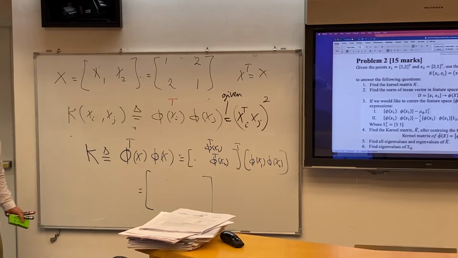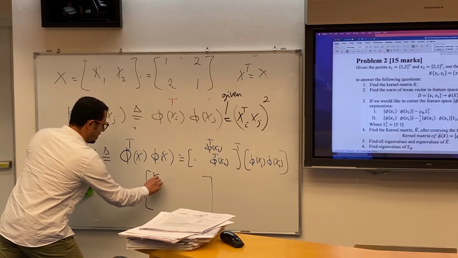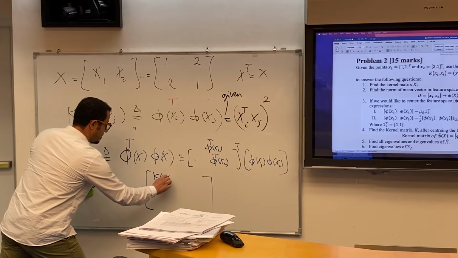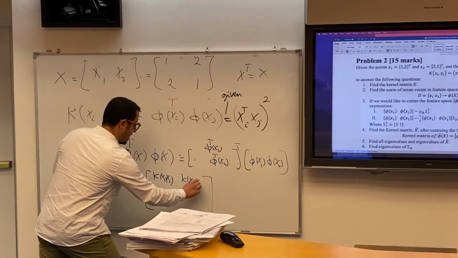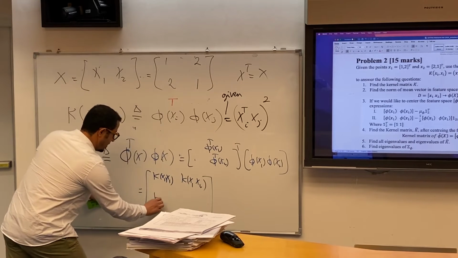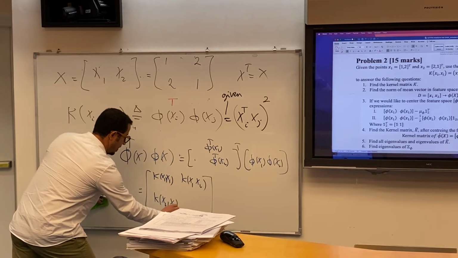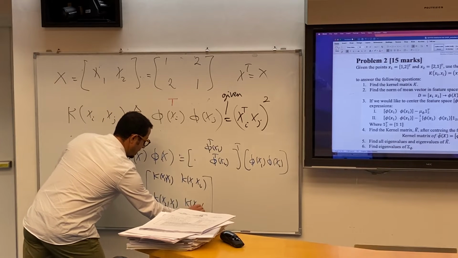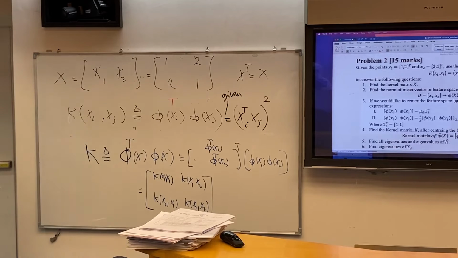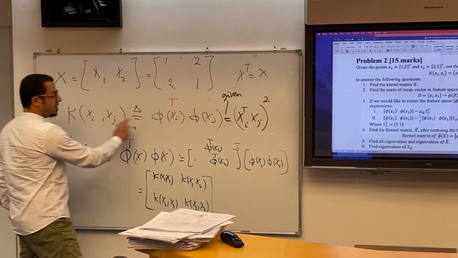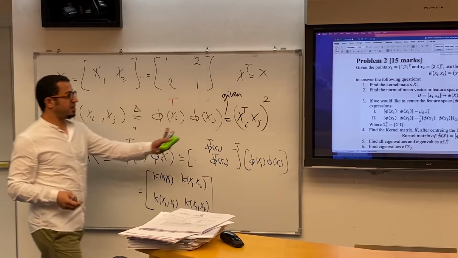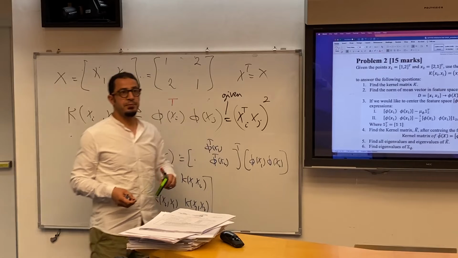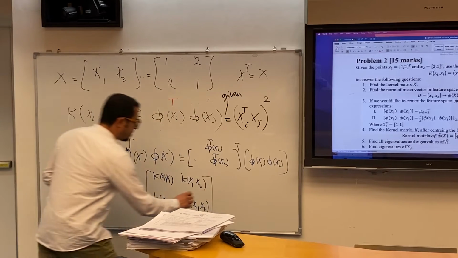Kernel of x1, x1. Second one, kernel of x1, x2. Here, kernel of x2, x1. Here, kernel of x2, x2. What is the kernel? It's just the dot product squared. Because this is a dot product, it's a number.